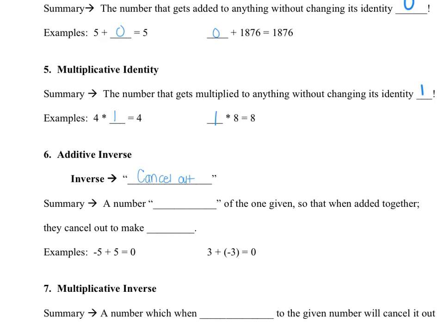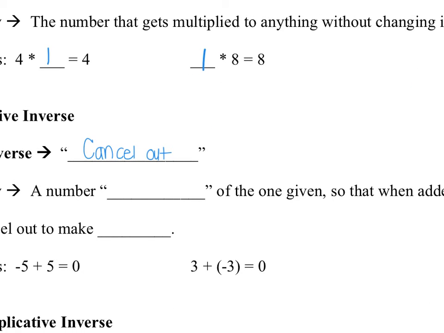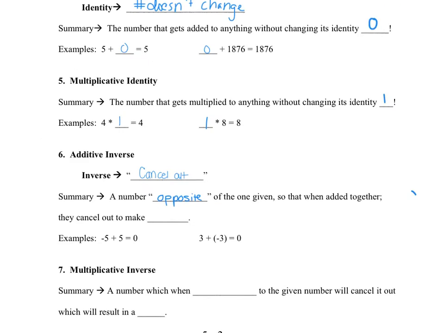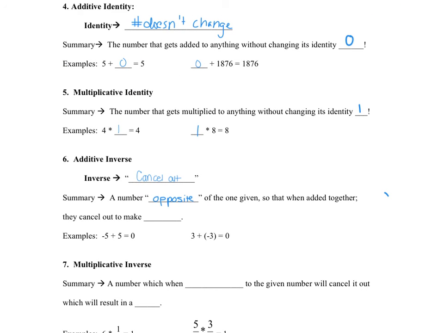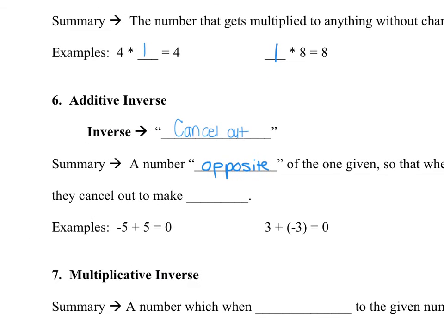So basically, a number opposite of the one given, so that when added together, they cancel out to make 0. So whenever you end up getting an equal 0, and they're the exact same numbers, just the signs are different, that's an example of the additive inverse.